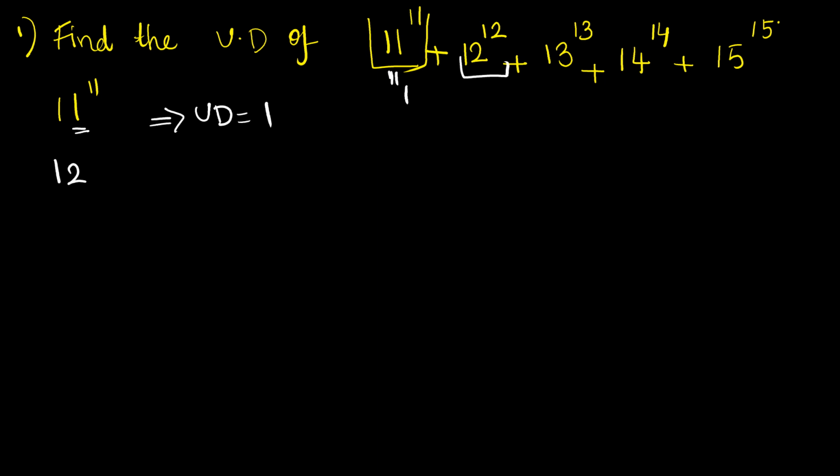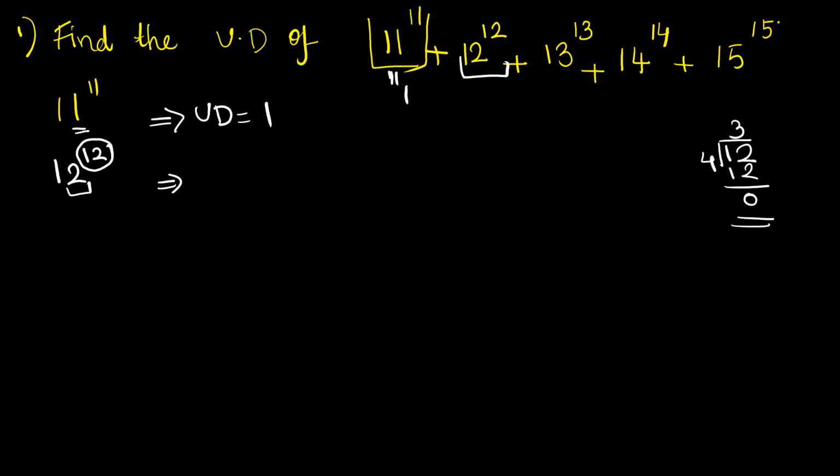Next is 12 raised to 12. Here the unit digit is 2. For 2 the cyclicity is 4, therefore divide the power by 4, that is 12 divided by 4, and we get the remainder as 0.